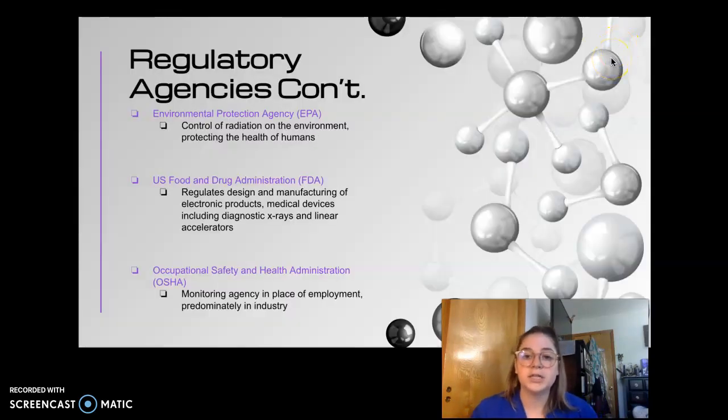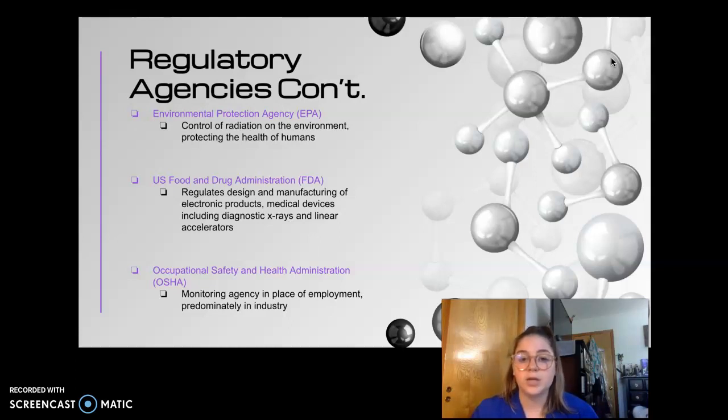Some other regulatory agencies are the Environmental Protection Agency, EPA, environmental. They're protecting us from the radiation that is in the environment. Then we have the FDA, also known as the U.S. Food and Drug Administration, which regulates design and manufacturing of electronic products and medical devices, including X-rays and linear accelerators.